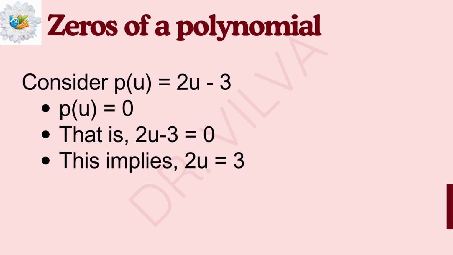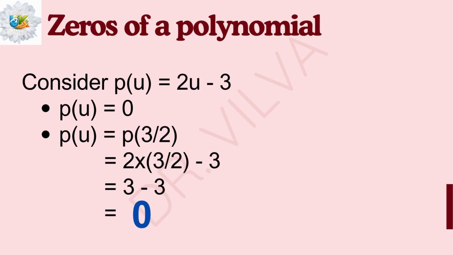Shifting minus 3 to other side, 2u equal to 3. If you simplify, u is 3 by 2. If you substitute u as 3 by 2, that is p of 3 by 2 will be 0.